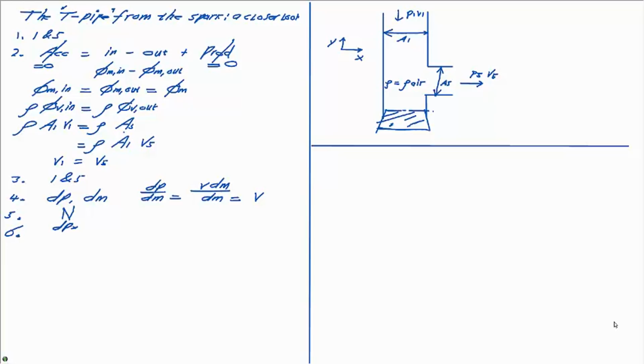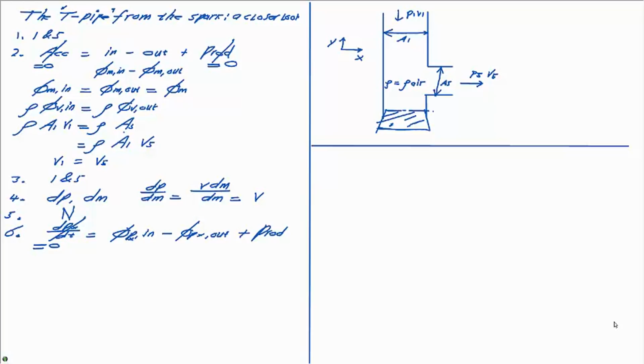This reads as follows: dpx dt, the accumulation term, is equal to the inflow of x momentum minus the outflow of x momentum plus production. Now, recall this problem is in steady state, so the first term is 0.